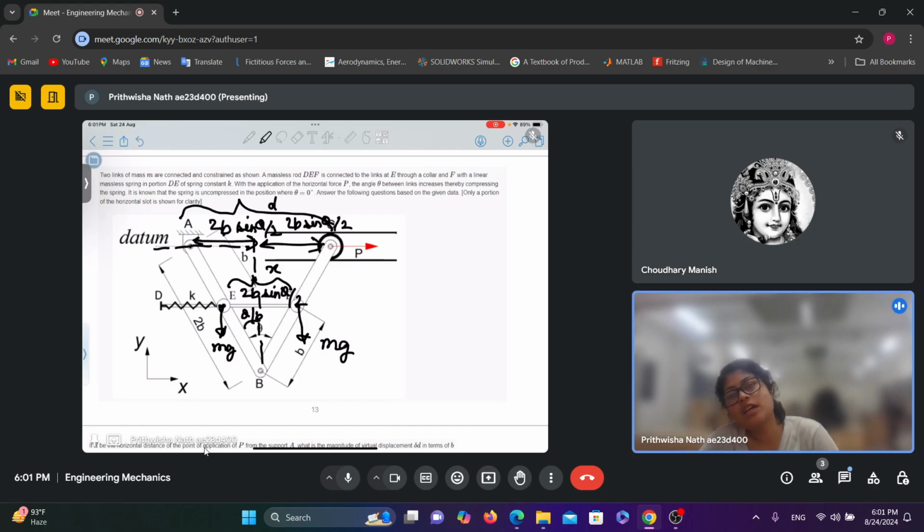So can you tell me what will be the gravitational potential energy? So first tell me, will it be positive or negative? This is the datum level. So will it be positive or negative?